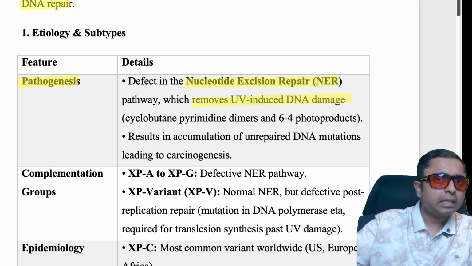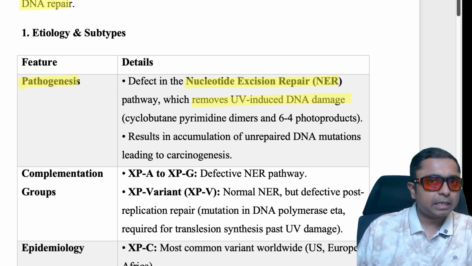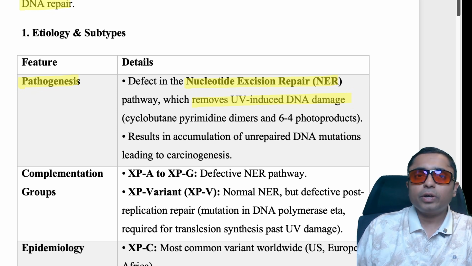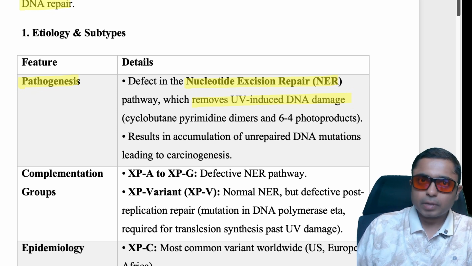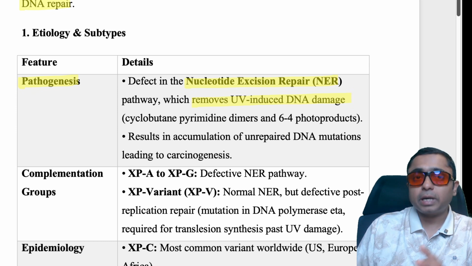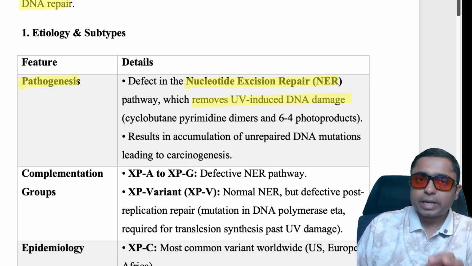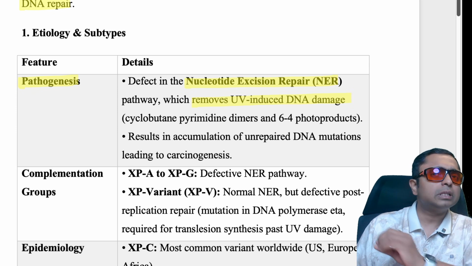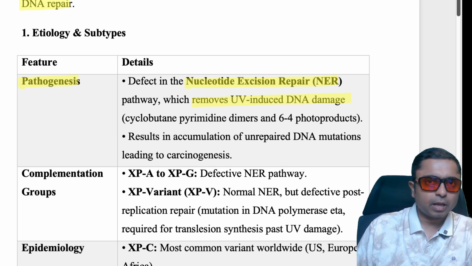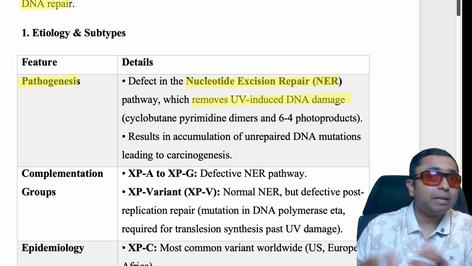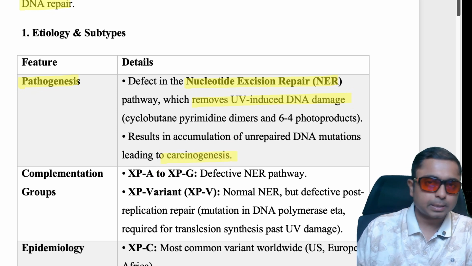So the sunlight is going to throw the ultraviolet rays, which are usually going to damage the DNA. In you and me, in everyone, it's going to cause this. But the NER pathway is very active in us. It's going to take care of all these mutations. It will remove all these mutated parts and throw it away. But in the patients of XP, this is not happening. So these mutations are going to accumulate. This will ultimately lead to the carcinogenesis.